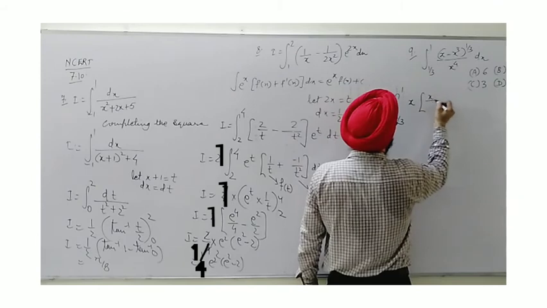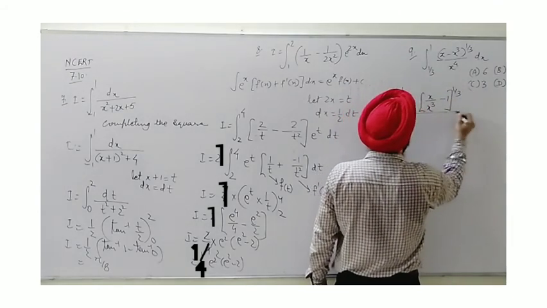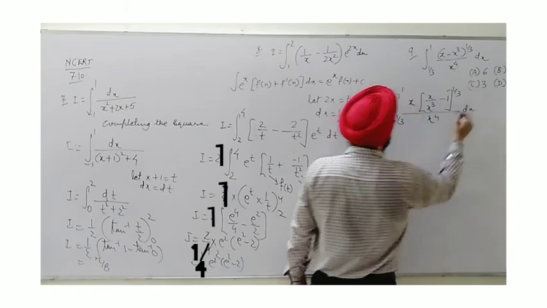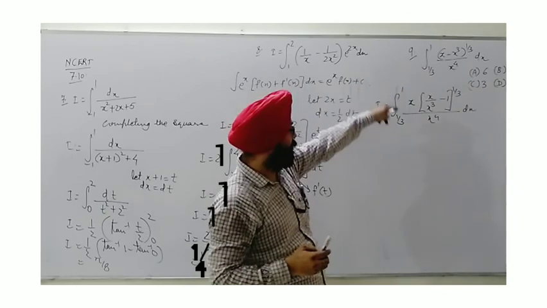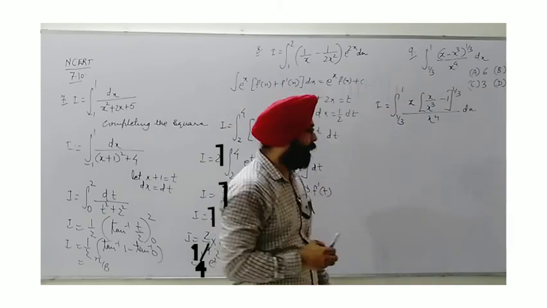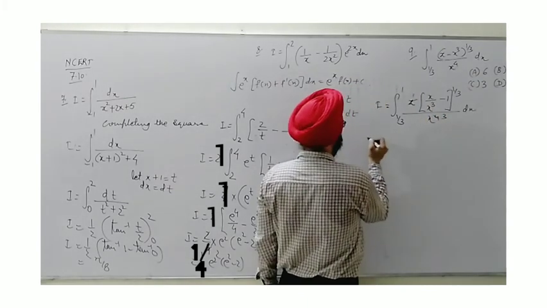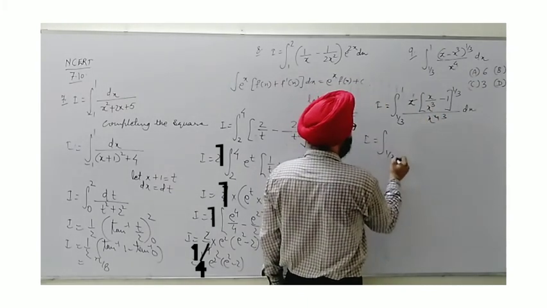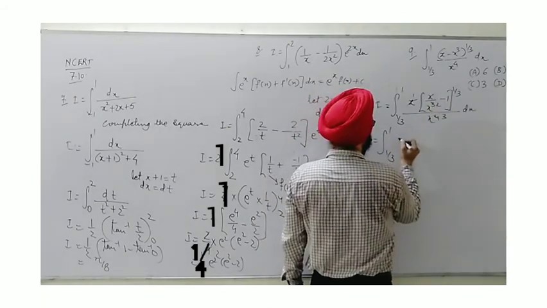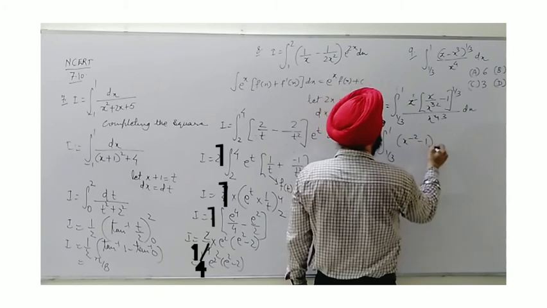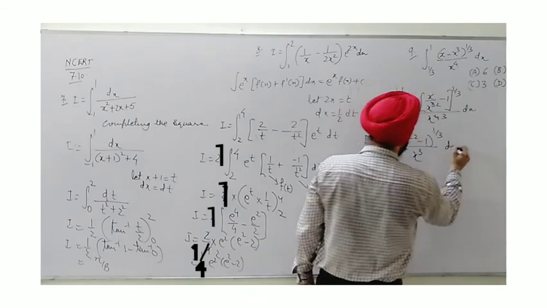Inside we are left with x upon x to the power 3 minus 1, the whole to the power 1 by 3. As when x to the power 3 we take common, the power 1 by 3 will be cancelled out, left with only x. Here x cancels the power, we are left with x cube. So we can write the integral as x to the power minus 2 minus 1, raised to the power 1 by 3, upon x to the power 3 dx.